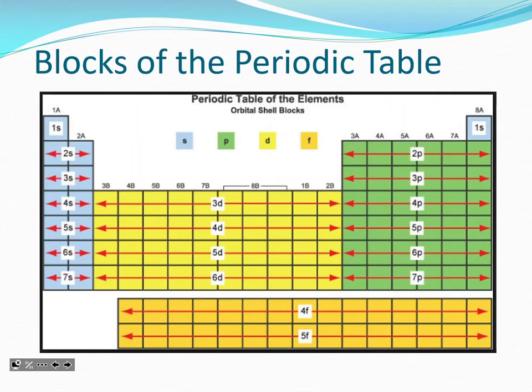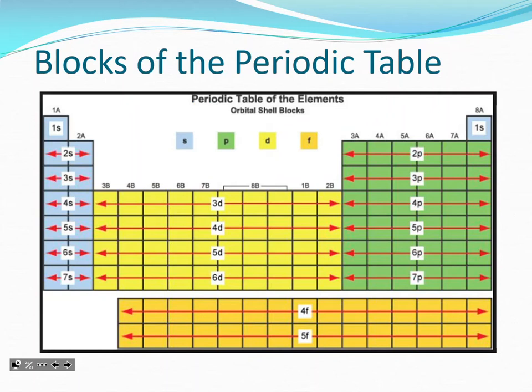So real quick before I let you go, the periodic table is set up and arranged by atomic number, which allows us to use it in an efficient way to track where the electrons are going to be. Now I had you label the blocks before, the S, the P, the D, and the F. And as you can see, with their rows, we can figure out which energy level they're in, which sublevel they're in, and then which particular orbital they're in by using this diagram of the periodic table.